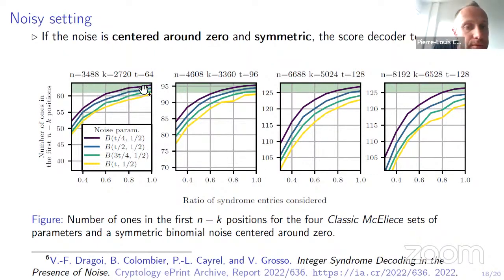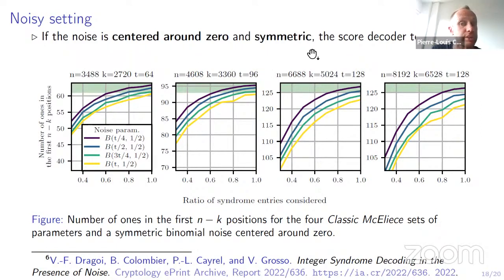The green line is a line for which we succeed in finding the solution of the problem, because we have a delta, which is equal to 3 here. And even if we are missing 3 columns, we succeed with the information set decoding.